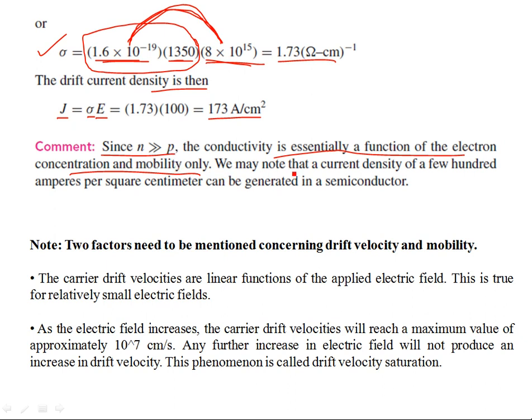So we may note that a current density of a few hundred amps per square centimeter can be generated in a semiconductor. This drift current is a respectable current which can be generated by applying a small E field, right? Now, two factors that need to be mentioned concerning drift velocity and mobility are, first, that the carrier drift velocities are a linear function of the applied electric field.